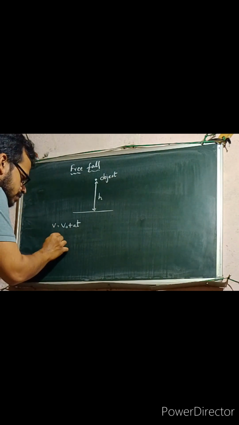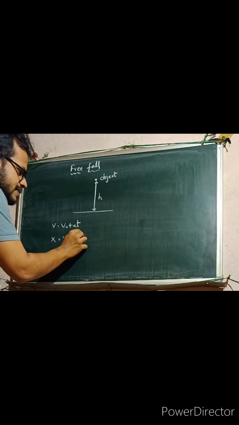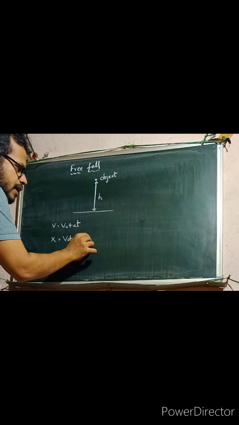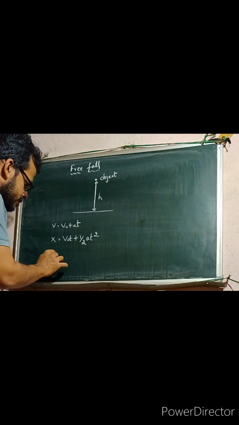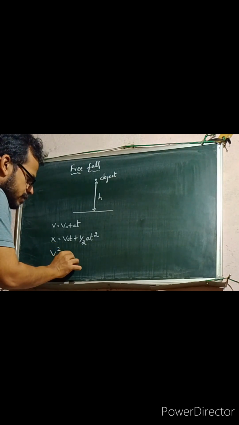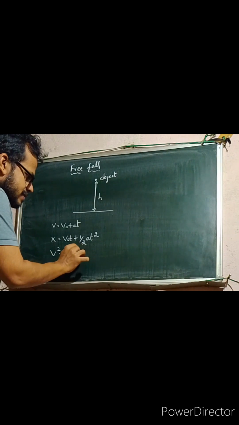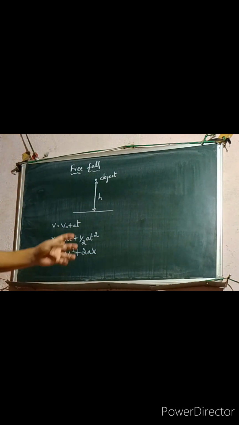And x equal to v naught t plus half at square is the second equation. And v square is equal to v naught square plus 2ax is the third equation of motion.